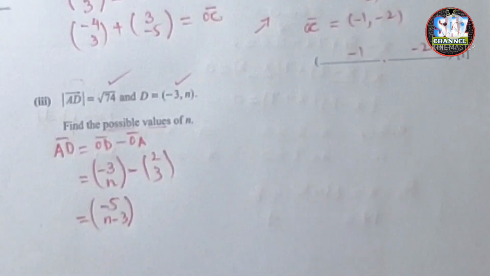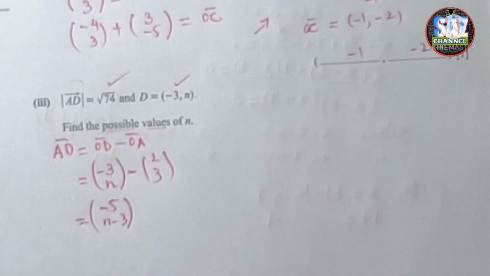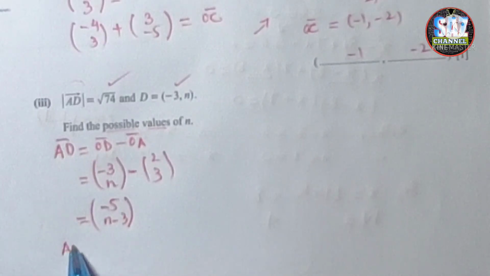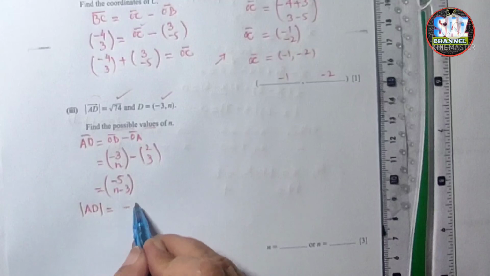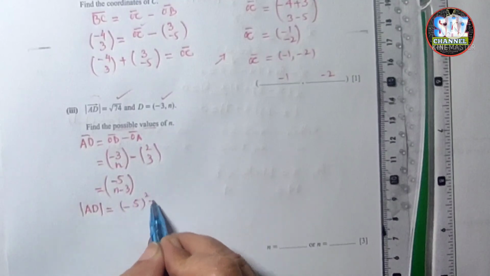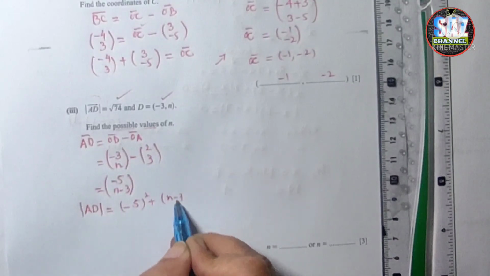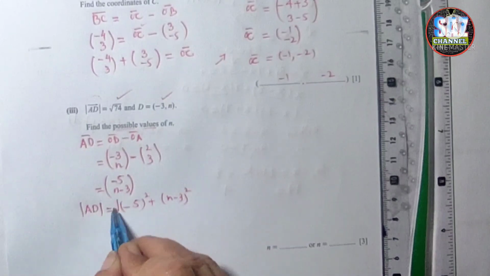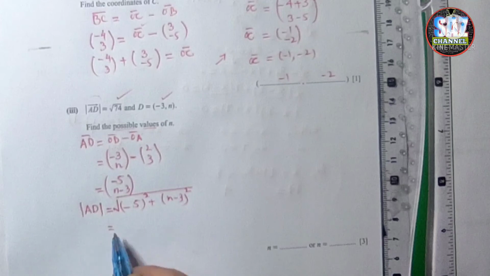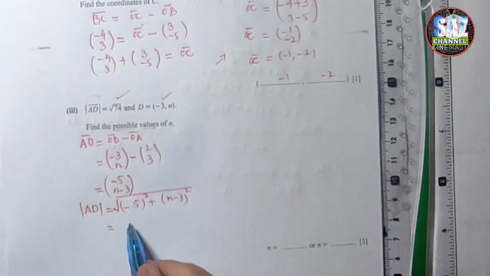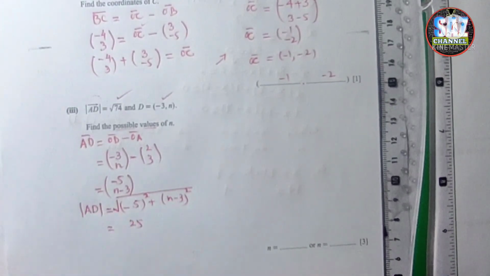Okay, and now we have to find the magnitude, because the magnitude is given, so we have to find the distance here as well. Square root of (-5) square plus (n minus 3) whole square. Okay, and this will become -5 square is 25, and then plus n minus 3.